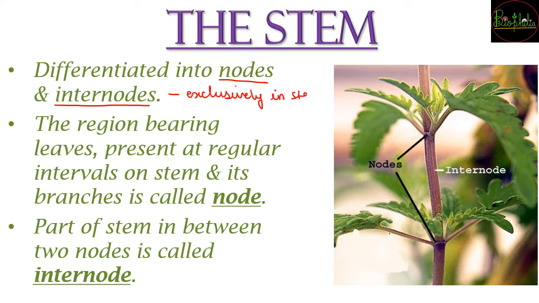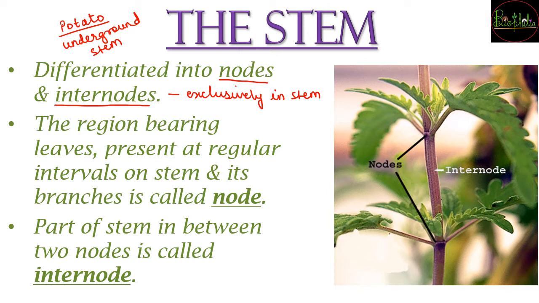That means if you find nodes or internodes, you are going to call it a stem. So ये जो differentiating point है, it is going to very well help you to understand that potato is an underground stem. You might know that potato is an underground stem, but why do you call it an underground stem and not a root?